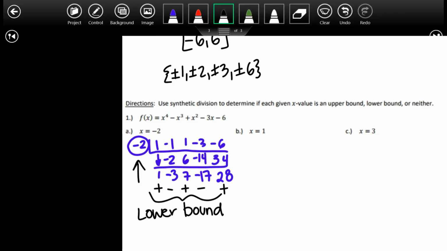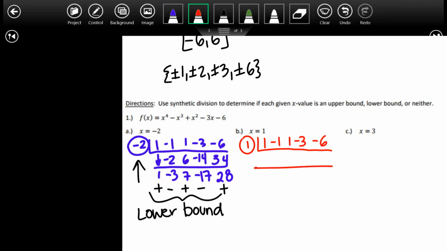The next one we're going to use is what? 1. 1 is a positive number. That means if it's all positives, we're going to have an upper bound. But let's check it. 1, -1, 1, -3, -6.